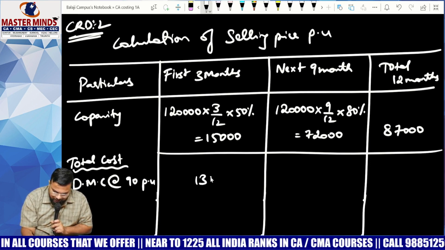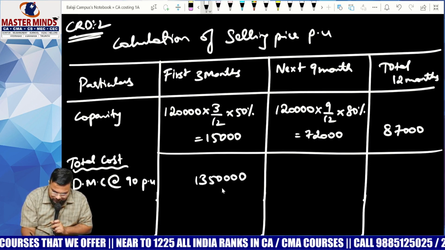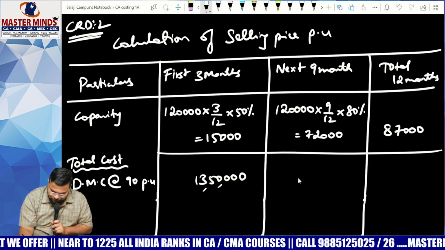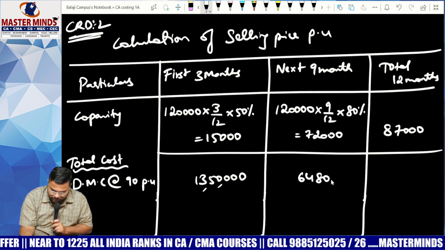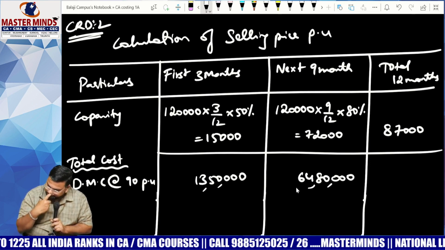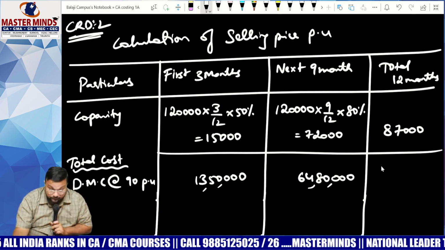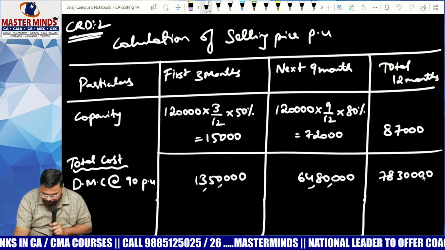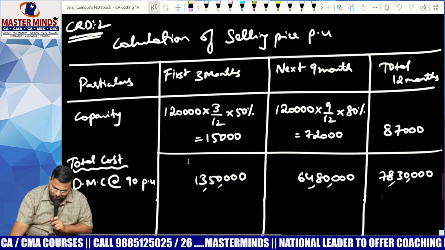13 lakh 50,000. Next, Nana. 64 lakh 80,000. Total 78 lakhs 30,000. Okay.